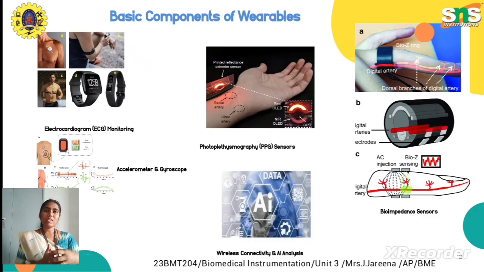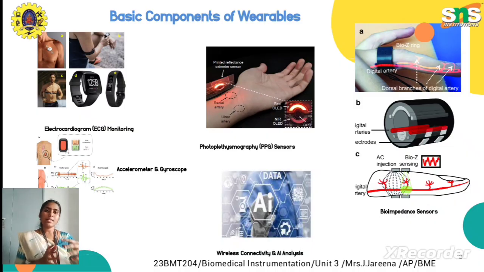Next, we will see the basic components of wearables. If you take any wearable device, there is something very important which plays a vital role in the total device, right? In any wearable, the first and foremost core component is the sensor, because the sensor senses your physiological signals, that is your vital signs, which could be your heart rate, BP, temperature, respiration rate, SpO2 value, pulse rate, or whatever it may be.